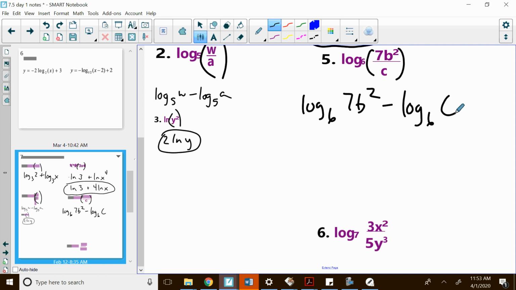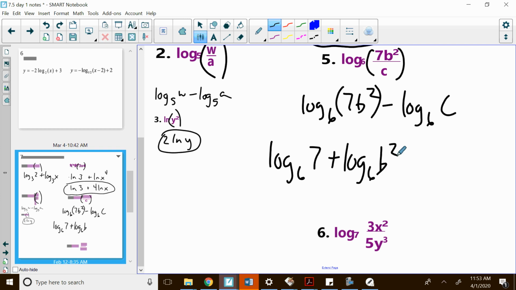Now this log base 6 of c, that's done, but over here we still have quite a bit of stuff to do. This is the log base 6 of 7 plus the log base 6 of b squared. And then we have this minus the log base 6 of c that's just coming along for the ride.